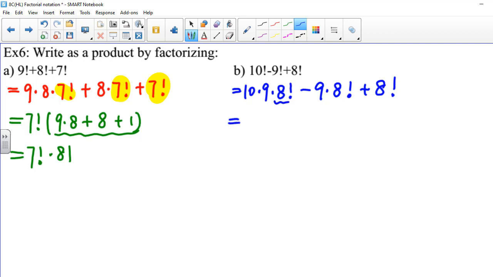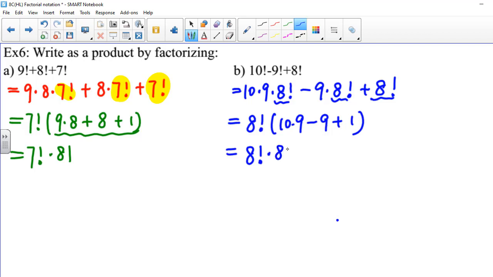I can see a GCF in each term. Take out the GCF, leave the remaining values in each term, and evaluate the value in the pair of brackets. So that would be 90 minus 9 plus 1, 82. So the product by factorizing for this one is 8 factorial times 82.